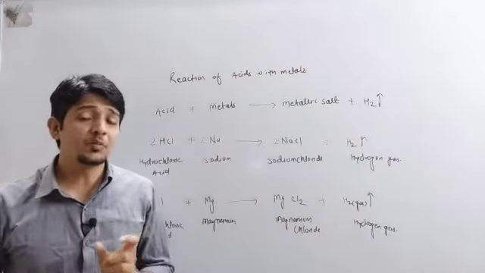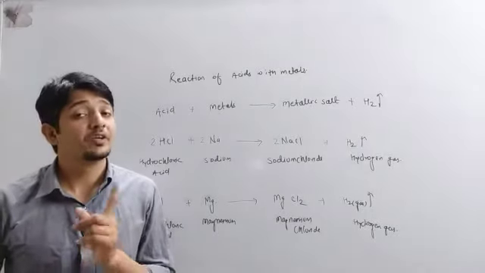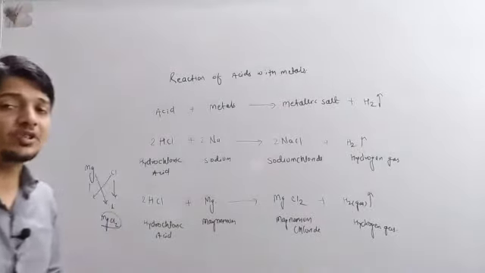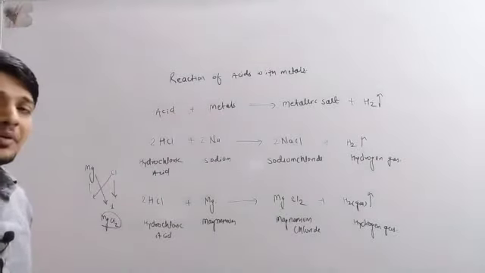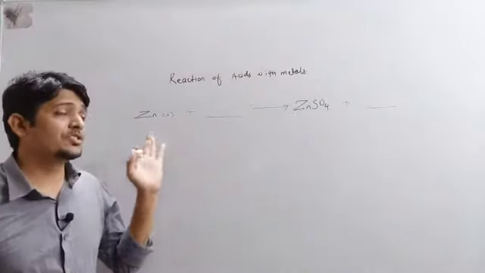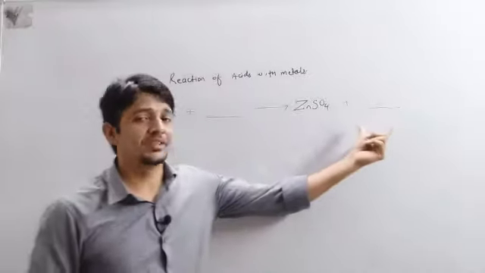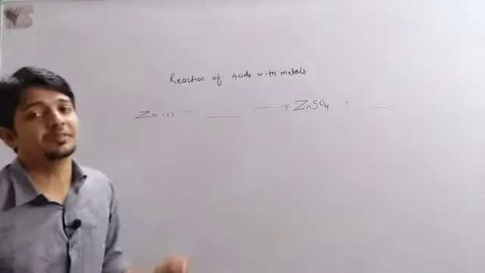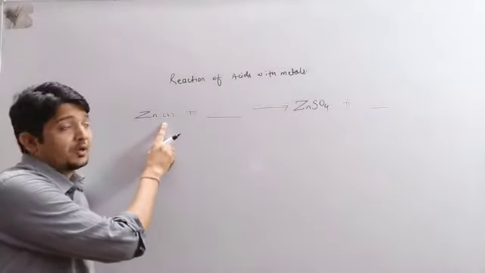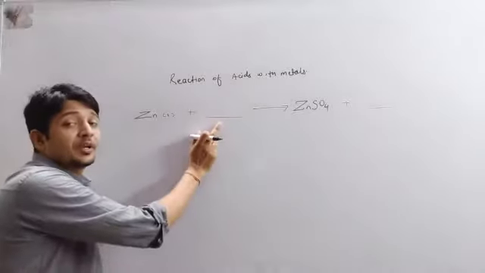So in your textbook their examples are given. There is one more reaction that you have to solve. Okay, so if you want to write, you can take a screenshot or you can write from here only. So this is the reaction which is given in your textbook. It has 2 blank spaces, so you have to fill these blank spaces. Okay, so here zinc metal, this is part of the reaction of metal with acid, so here acid will come.